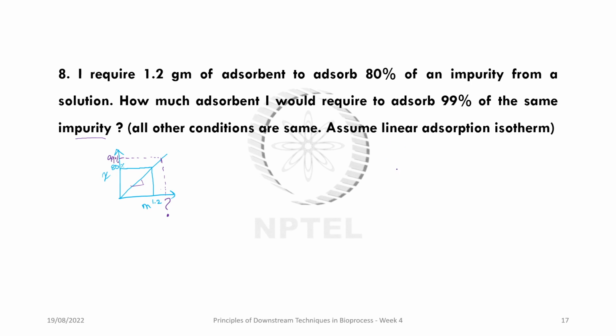So you can use the general rule since it's linear. So for 80%, I need 1.2 grams. What do I need to get 99%? So x is equal to 99 into 1.2 divided by 80, and we're going to get it in grams.